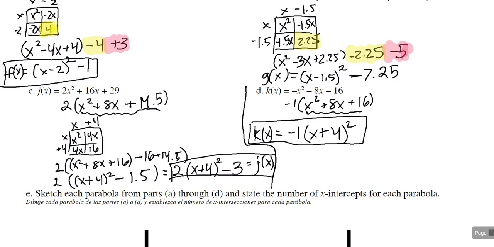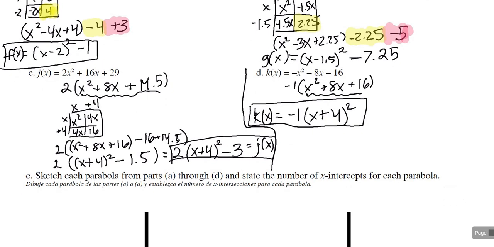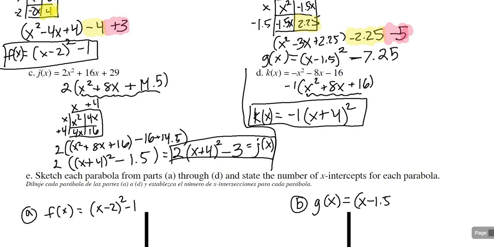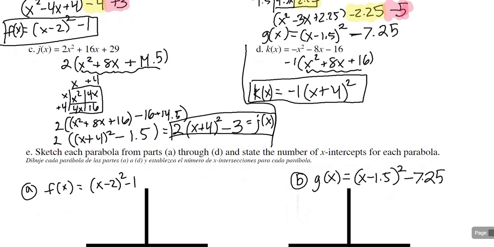Okay. Now we're going to sketch our parabolas from parts A through D. And to make that easier, I'm going to write their equations. So for A, I have f of x is equal to x minus 2 squared minus 1. For B, I have g of x is equal to x minus 1.5 squared minus 7.25.